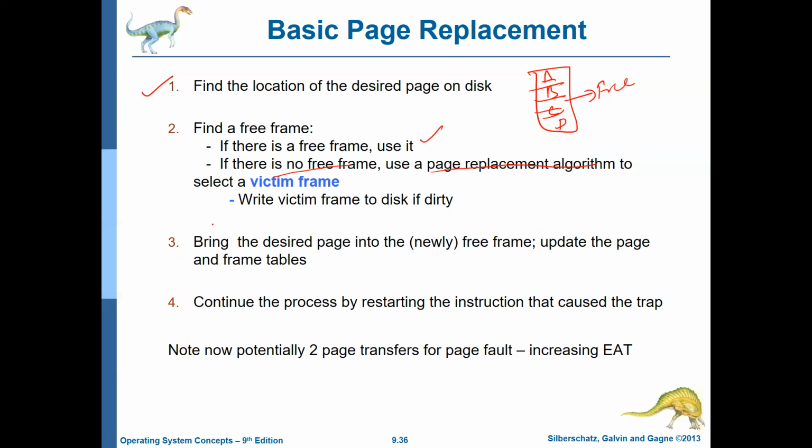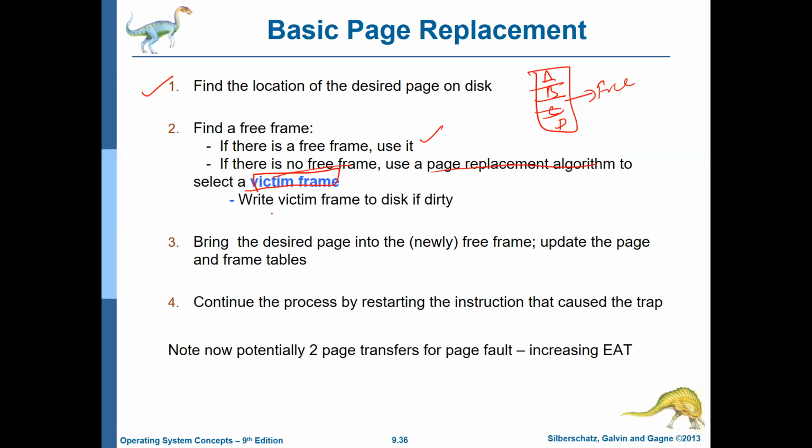This page replacement algorithm is going to select something known as a victim frame. What is a victim frame? The frame that is being selected to be thrown out of the memory is known as a victim frame. Who is going to suffer, you can say, so that is why it is a victim frame.